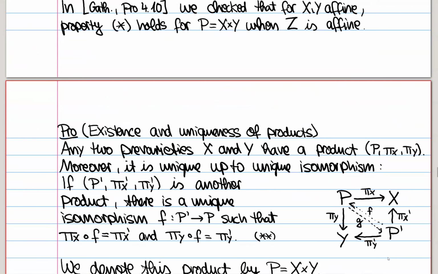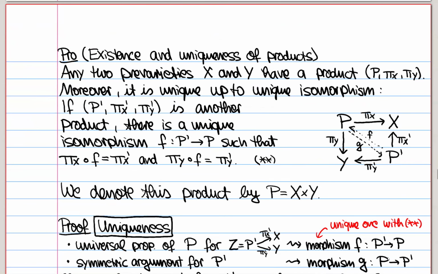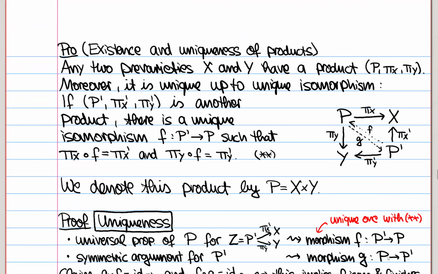And then we just construct these products. So we have a proposition telling us that if X and Y are prevarieties, then they have a product P in the above sense, and it is unique up to unique isomorphism.